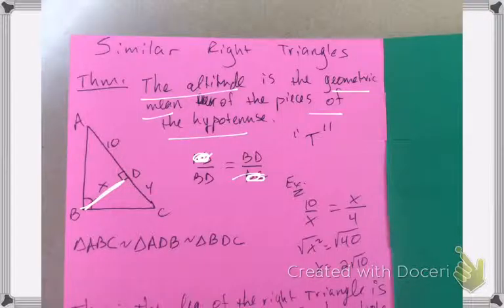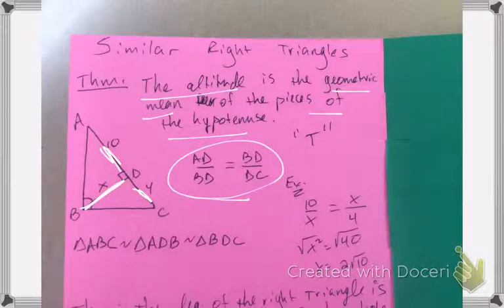So I put BD in the up diagonal, and in the other diagonal I put AD and DC. We can write this proportion, and that's going to be true all the time: the length of the altitude is the geometric mean between the lengths of the pieces of the hypotenuse.